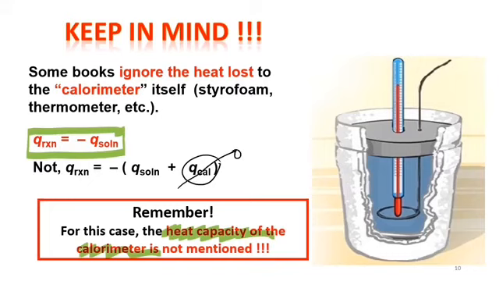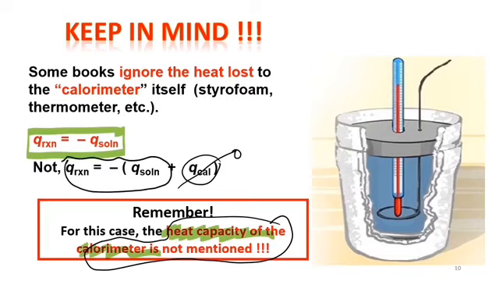Ni kosong lah. Maksudnya heat capacity of calorimeter tidak diberitahu dalam soalan. Kalau dibagi dalam soalan, jangan diabaikan pula. Ni dalam case, dalam soalan tak mention about the heat capacity of the calorimeter. So, kita abaikan Q cal. Kita just kira gunakan Q reaction equals to negative Q solution. Sama macam konsep bomb calorimeter tadi. Kalau dia tak mention pasal water, so kita akan buat Q reaction sama dengan negative Q cal.